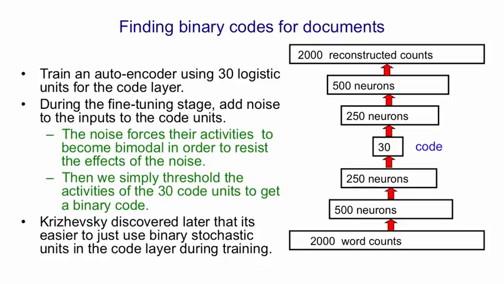Instead, we can just make them stochastic binary units. So during the forward pass, we stochastically pick a binary value using the output of the logistic. And then during the backward pass, we pretend that we'd transmitted the real value probability from the logistic, and that gives us a smooth gradient for backpropagation.